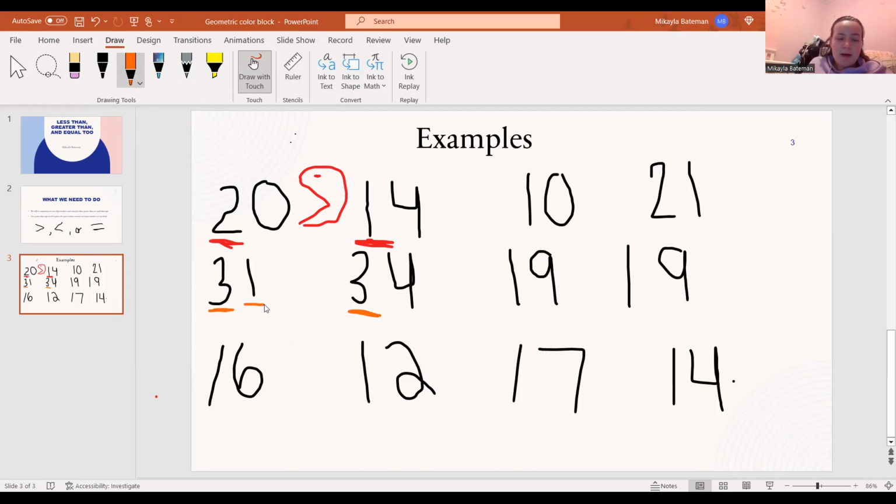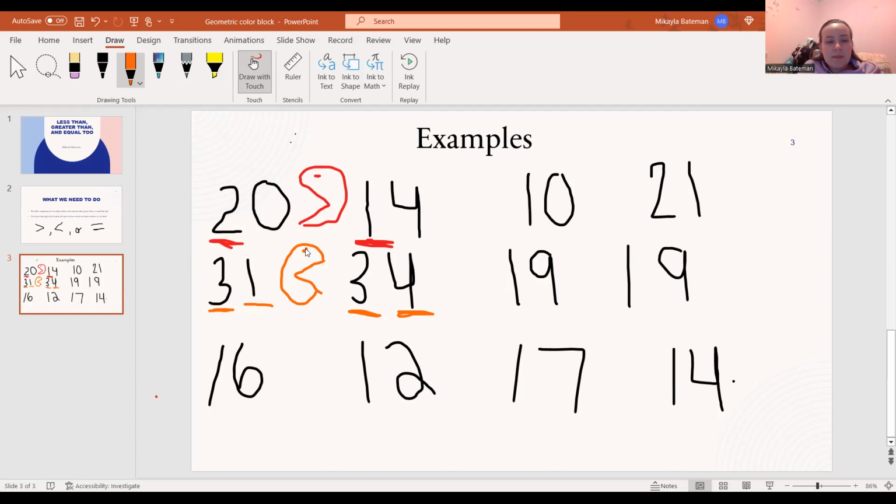Now we have a 1, and then we have a 4. When we look at the number line, we'll know that 4 comes after 1, so 4 is larger. So we want our little Pac-Man guy to eat 34, making it greater than, and then we know he's in the right place when he eats the food that's biggest.